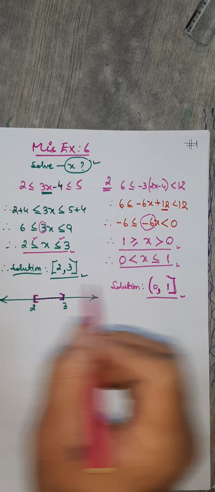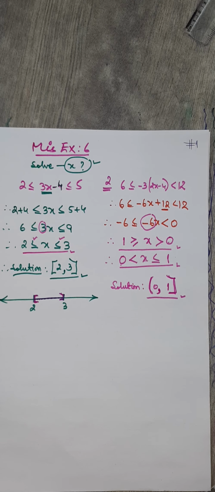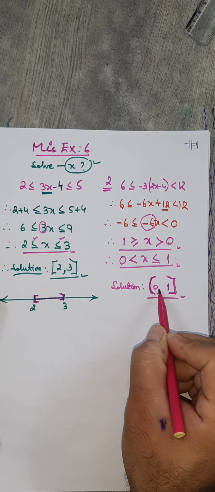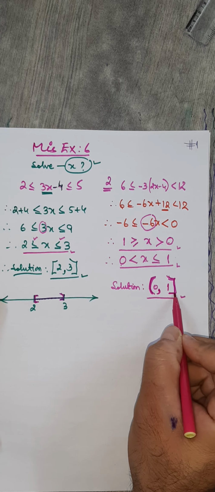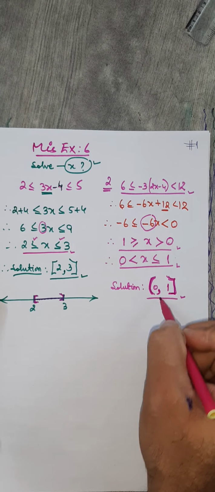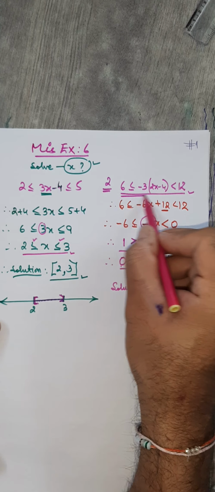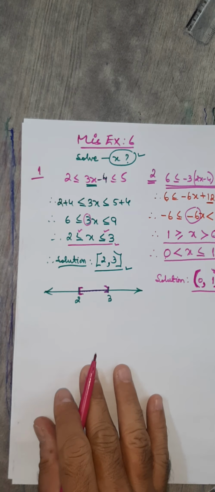Every number from 0 to 1 would satisfy this inequality. If you pick up any number from the interval, 0 is not included. Open 0 to closed 1 will satisfy this inequality. This is called solution. Every number x will satisfy this. This is known as a solution.